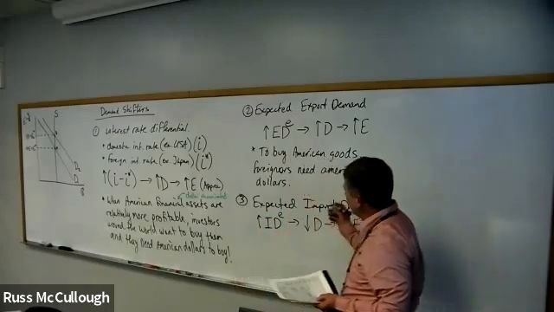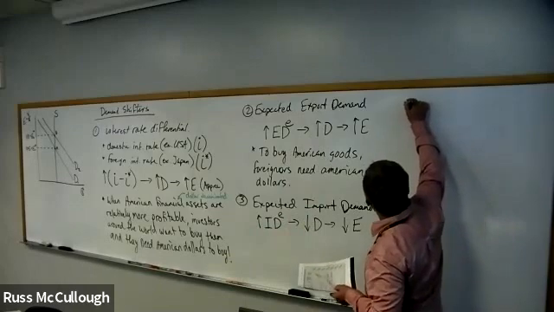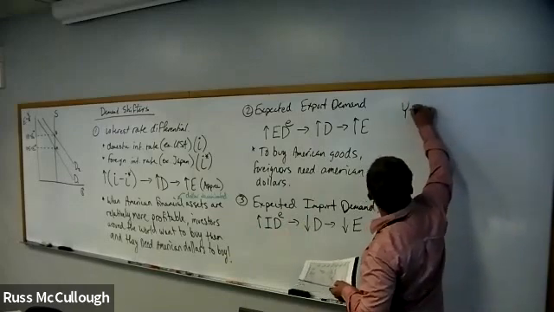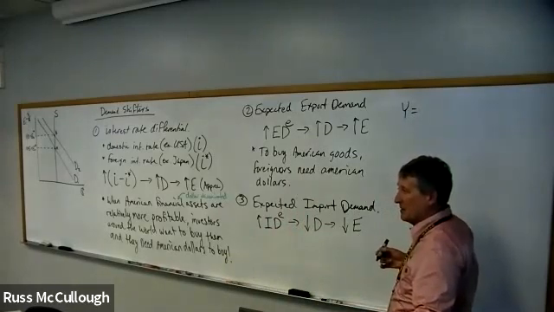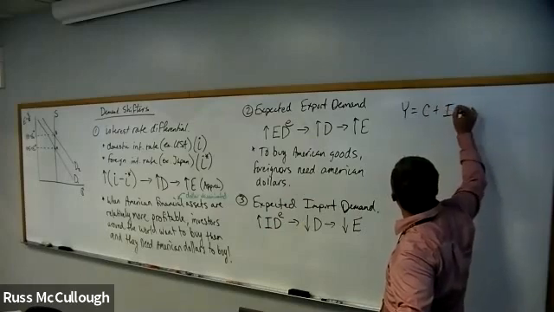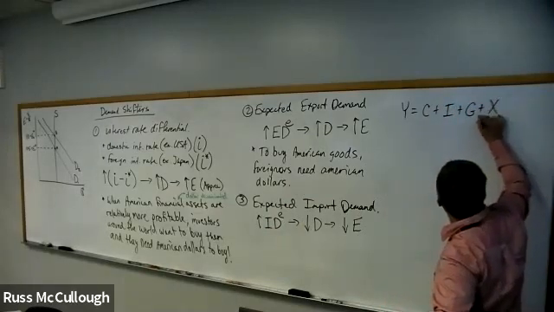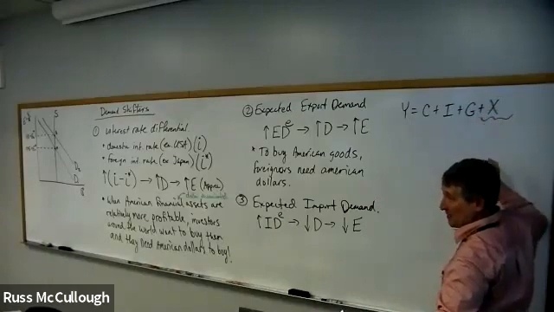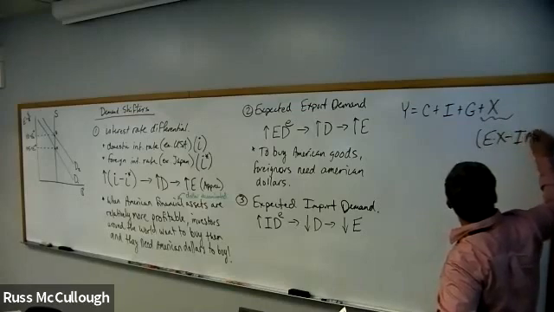If we think about our GDP, way back to, this might be a good test for you guys here. GDP, expenditure approach, is equal to C plus I plus G plus X, which is actually net exports, exports minus imports.